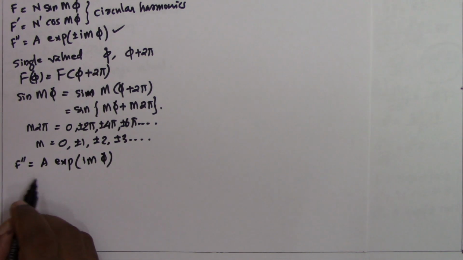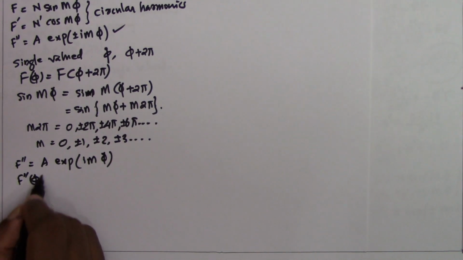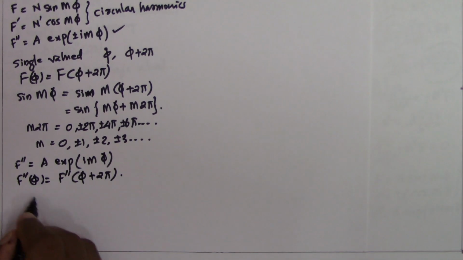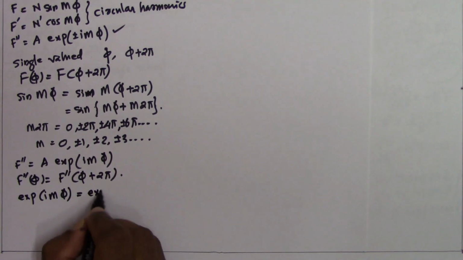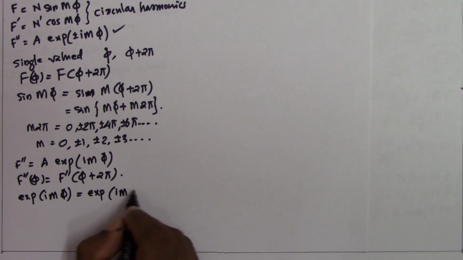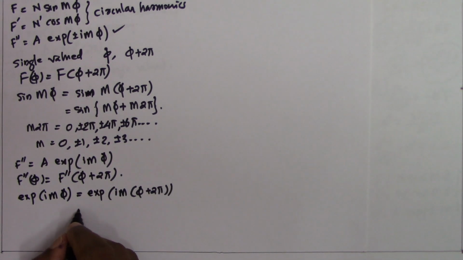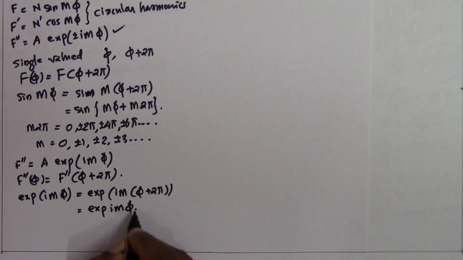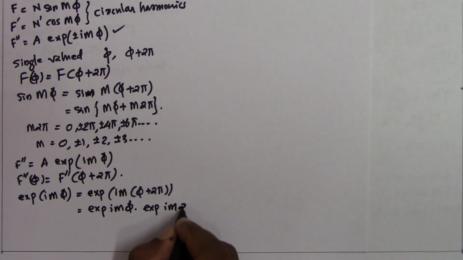So it means that f double dash of phi must be equal to f double dash of phi plus 2 pi. It means that exponential i m phi must be equal to exponential i m of phi plus 2 pi, that is equal to exponential i m phi into exponential i m 2 pi.